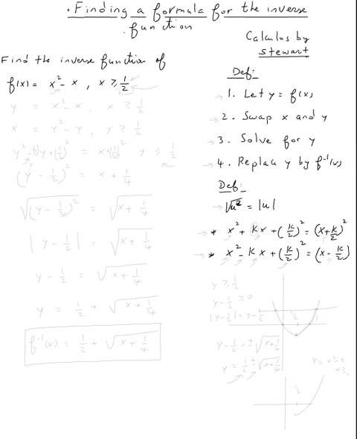Even though the domain for x squared minus x is all real numbers, here they restrict it. The reason they restrict it is because x squared minus x is not a one-to-one function. If you try to graph it, I think it's going to be, anyway, not one-to-one. Let me graph it quickly so you'll have an idea.